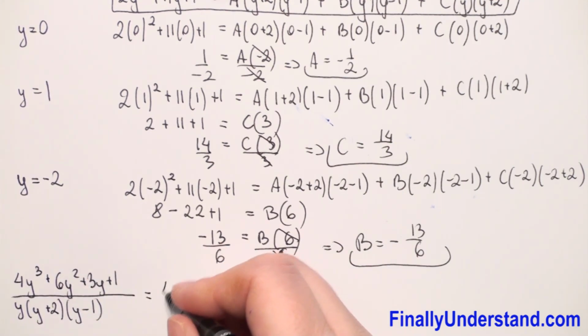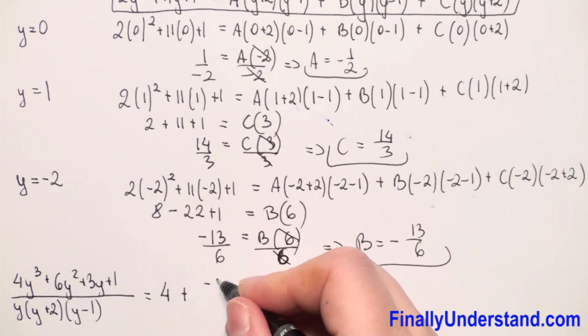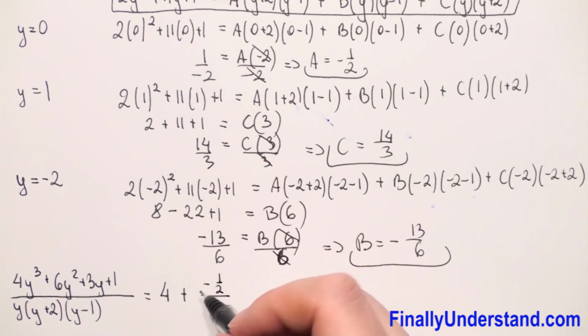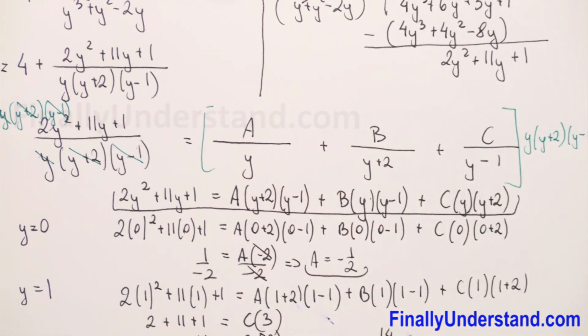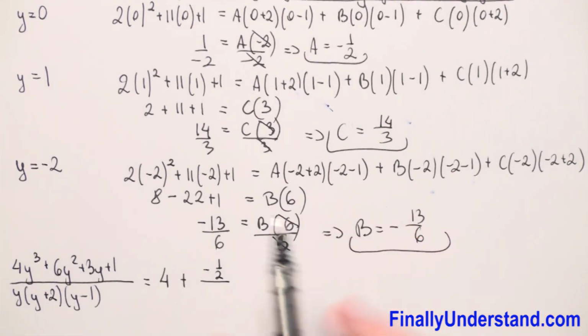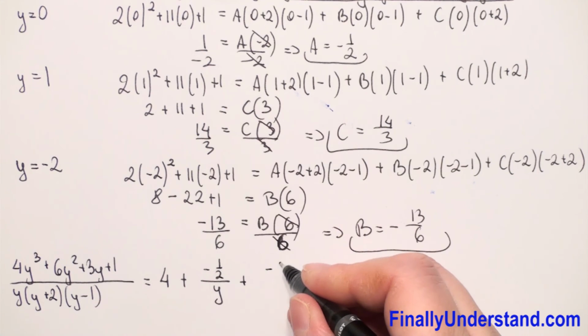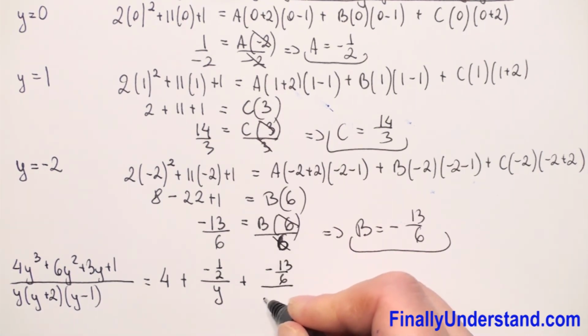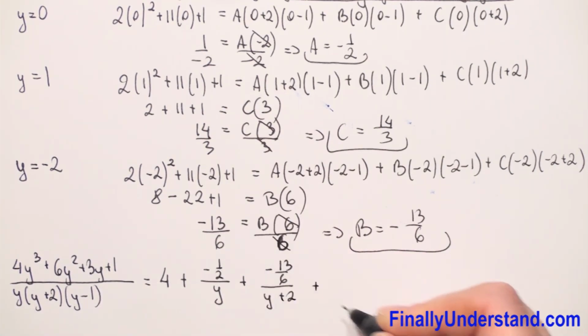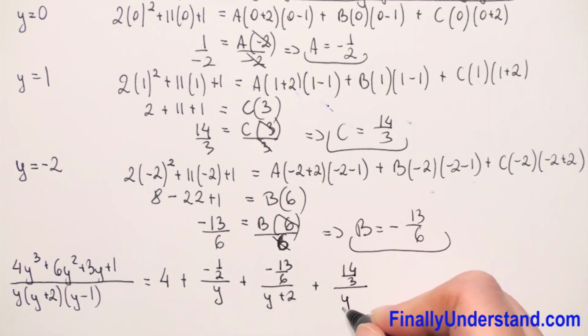So this is equal, like I said, we have to copy 4, and now we have plus a. We found that this is negative 1/2, and in denominator we have y. Next we have y plus 2 and y minus 1. So it will be y plus b is negative 13 over 6 over y plus 2, and c is 14 over 3 over y minus 1.